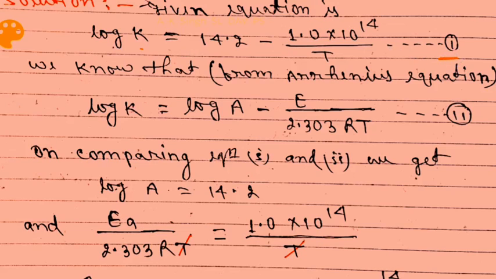We know from the Arrhenius equation that log k is equal to log A minus Ea by 2.303 RT.